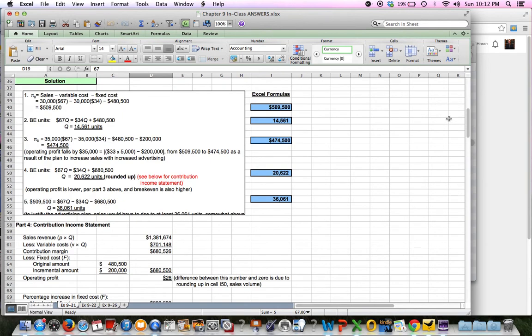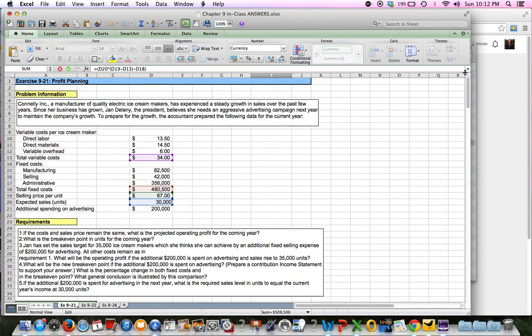So for the first one, basically, what will they make now? And so the formula is simply sales minus variable cost minus fixed cost gives me what she would expect to make. And the Excel formula, you can see, is right here. D20 is basically my sales, and then times D19 minus D13, which is my selling price per unit minus my variable cost per unit of 34.